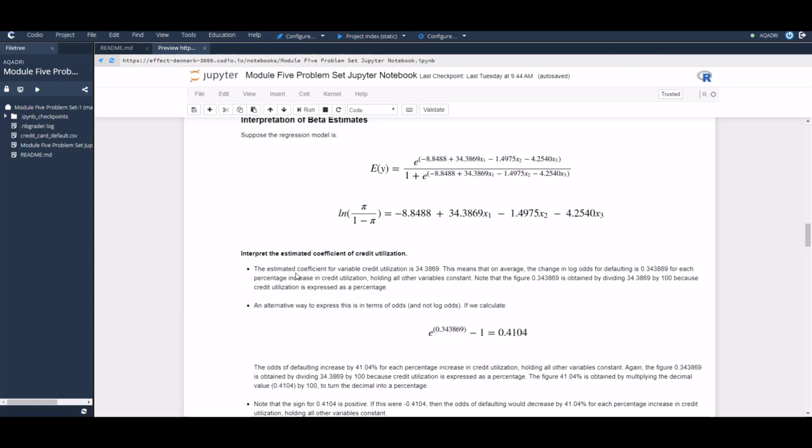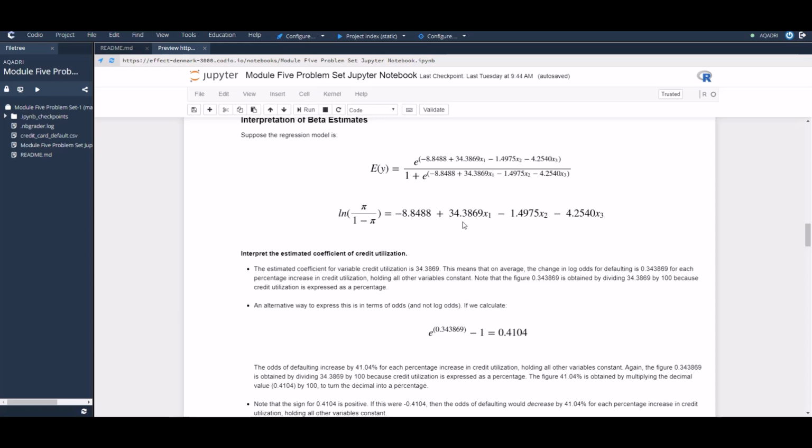The estimated coefficient for variable credit utilization is plus 34.3869. So this means that on average, the change in log odds for defaulting is 0.3438 for each percentage increase in credit utilization, holding all other variables constant.